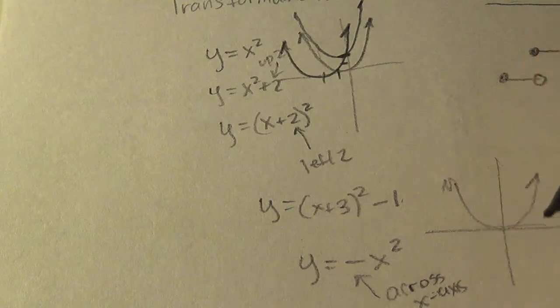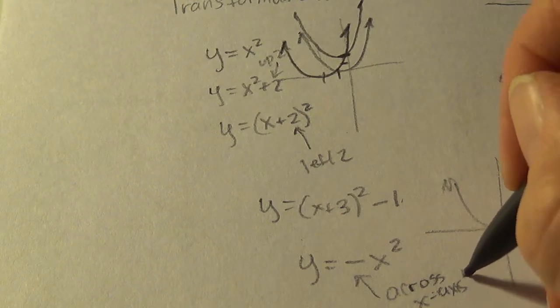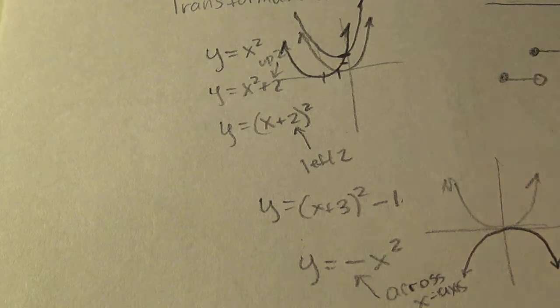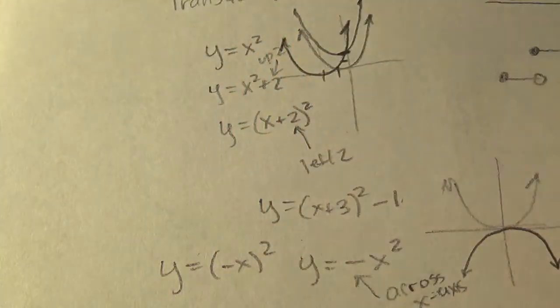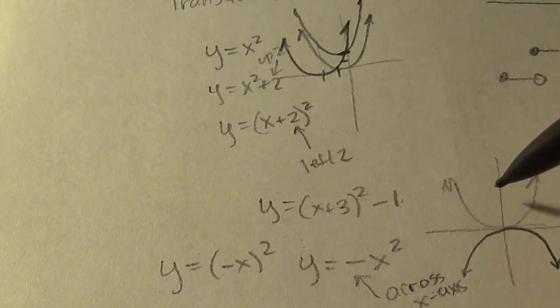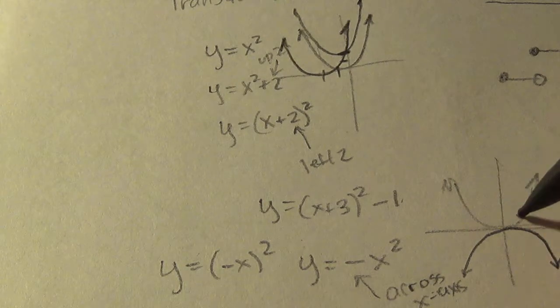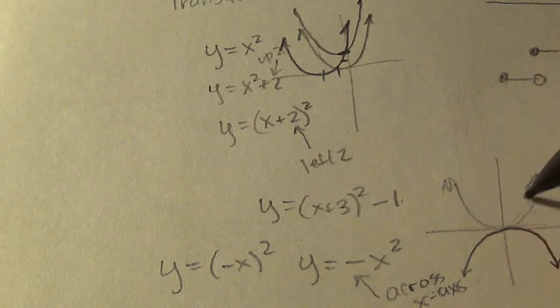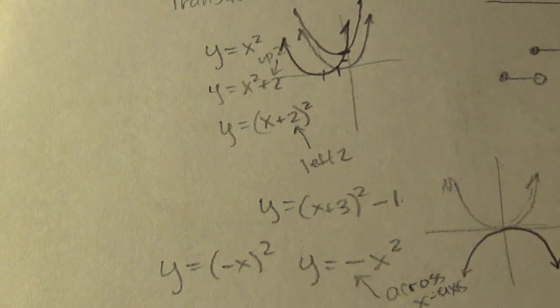So this is the x-axis. It will reflect across it like that. And if the negative sign is hugging the x even before it's squared, it will flip it across the y. Now on this one, this part will come over here, but this part will come over here, and you have the exact same graph. So it doesn't affect this one, but it will others.